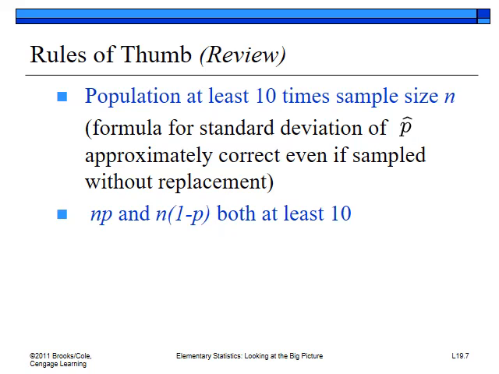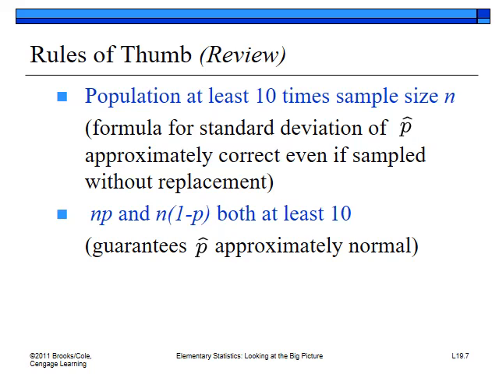We also need n times p and n times 1 minus p. Remember, that's the number of expected successes and expected failures inside the sample. Both of those numbers need to be at least 10. That's so that they're big enough to guarantee that the distribution is approximately normal.